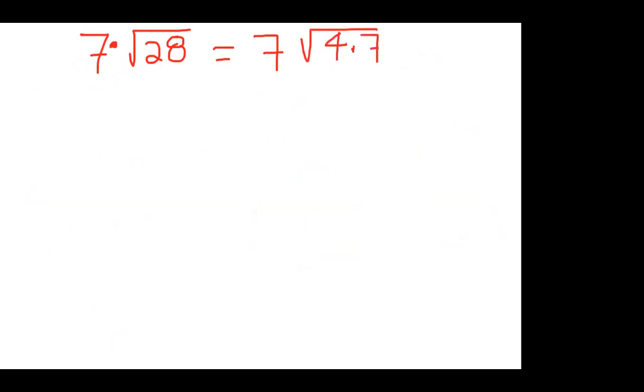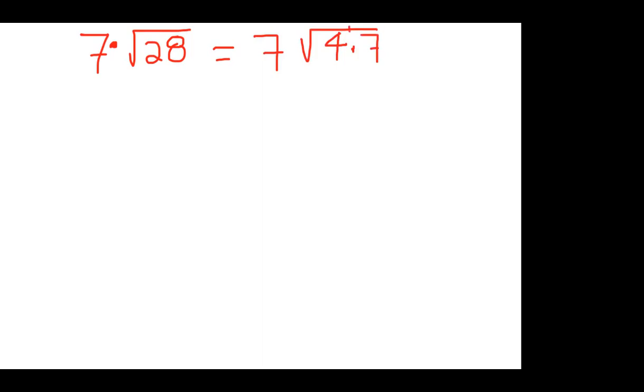Now, guys, additionally, just like what we've been doing, sometimes they have numbers in front of the radical. And this number in front of the radical is indicating that you're multiplying the radical by the 7. So what you want to do is to simplify the square root of 28. What's the perfect square that goes into 28 evenly? That would be 4. 4 times 7 gives you 28.